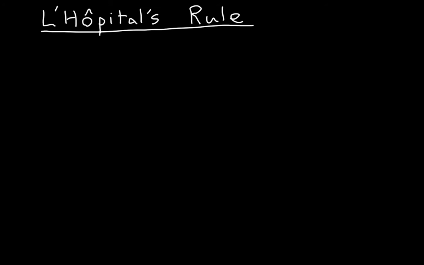So L'Hopital's rule is something that you do when you have some limit as x goes to some value. I'm just going to call it k. It doesn't matter. Of some function f of x over another function g of x. This is what we're trying to find.